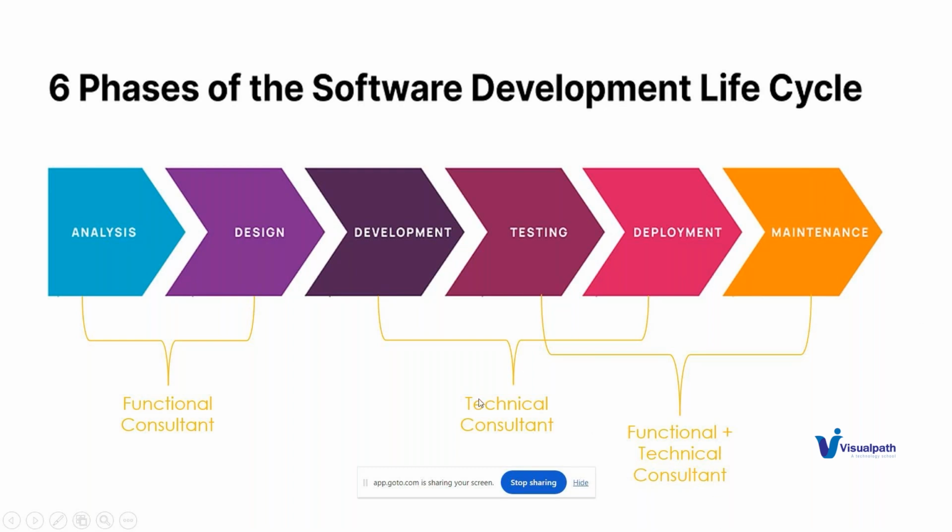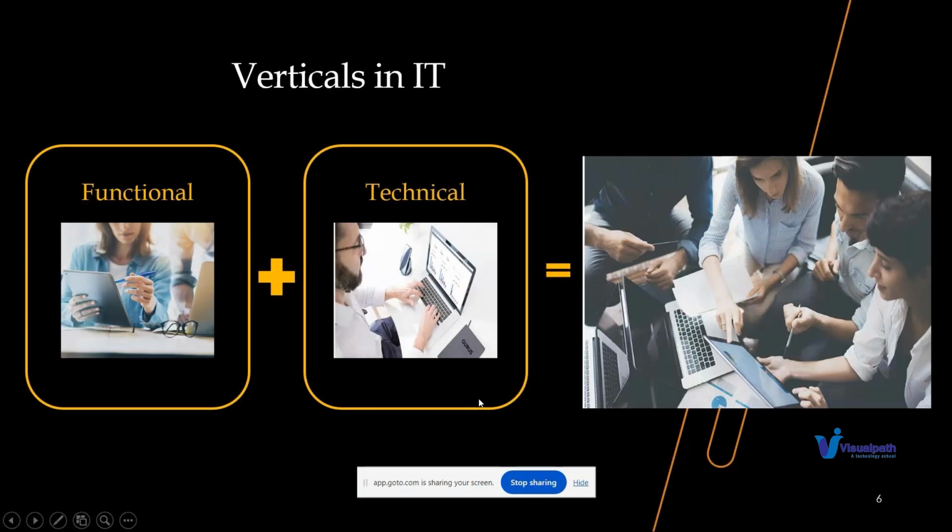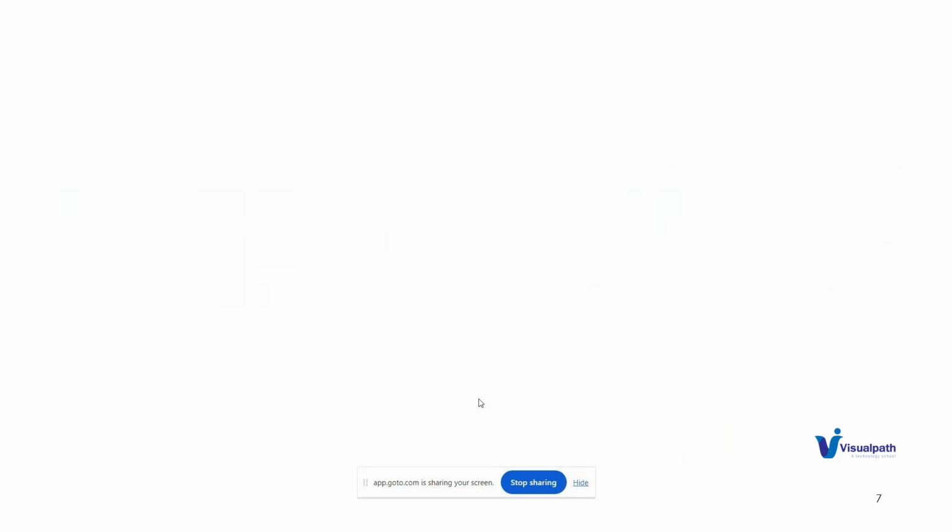Okay. So as I told, the verticals in IT are functional and technical, and after learning this particular product, you will become a functional consultant. So functional and technical together, their contribution will lead to a better, successful project. Okay.